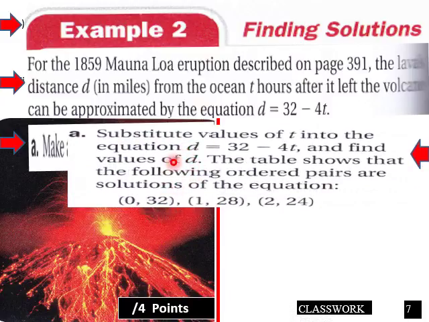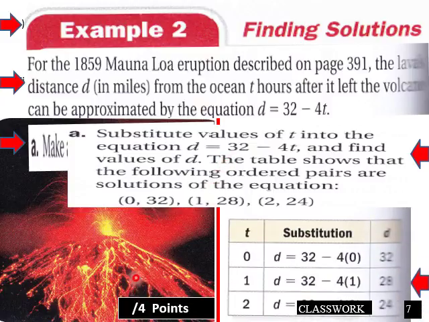So substitute values of t into the equation and then find the values of d. The table shows that the following ordered pairs are solutions of the equation. At 0 hours, it is 32, 1 hour 28, 2 hours 24 miles from the ocean. So here are again t and then d, distance.